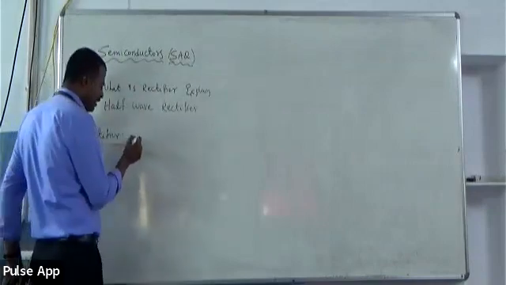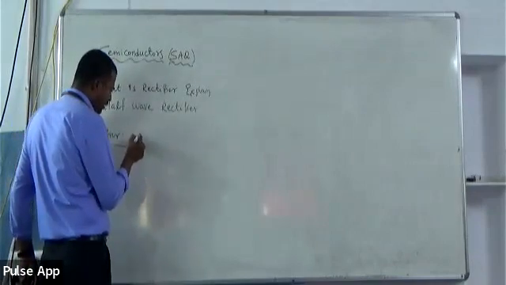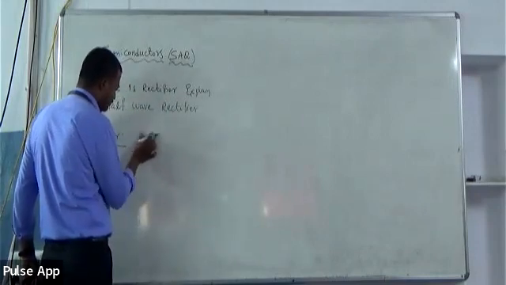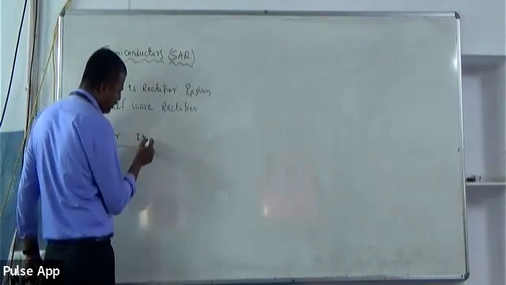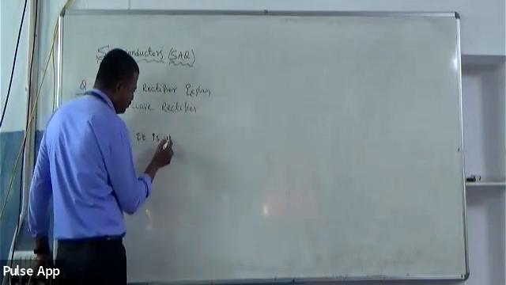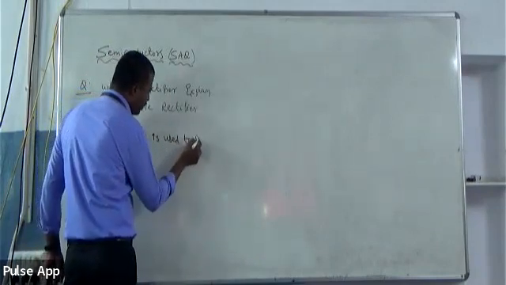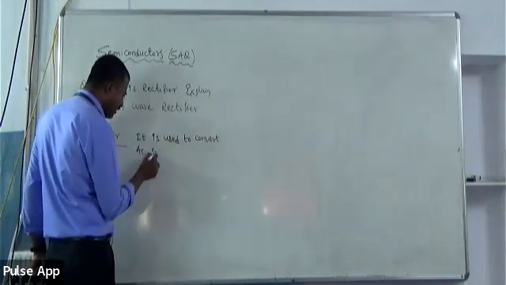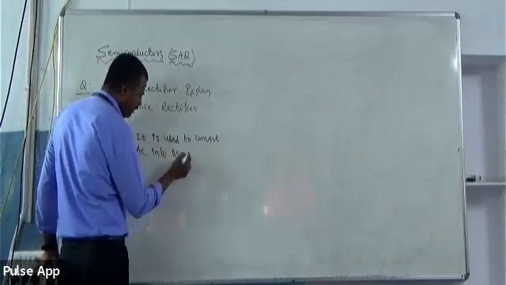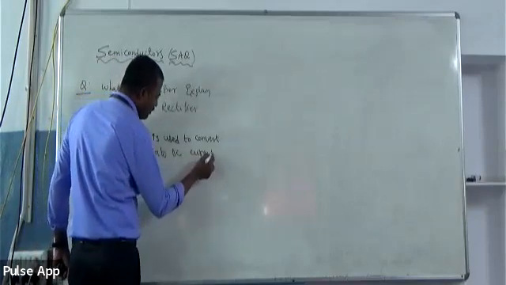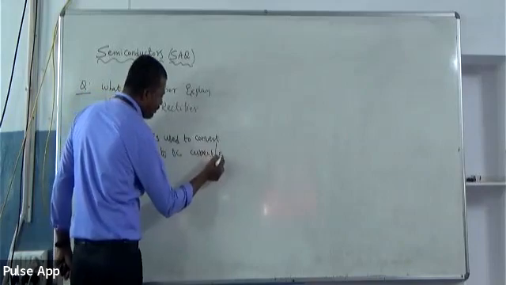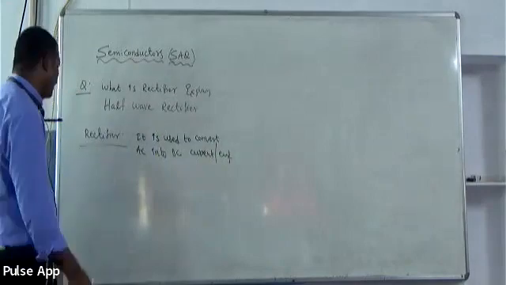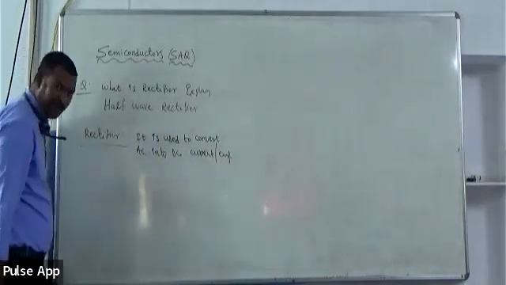So a rectifier is used to convert AC into DC current or EMF or voltage. In this one, especially, we are discussing the half wave rectifier.